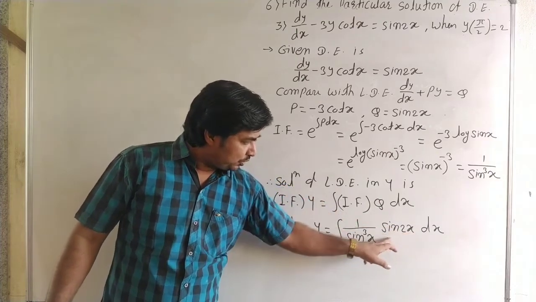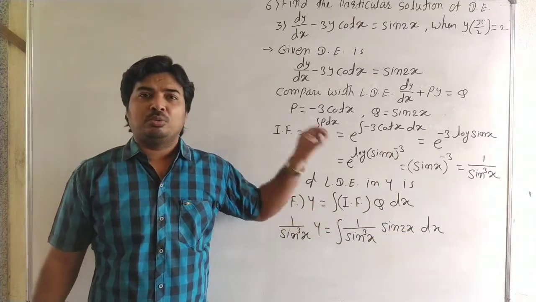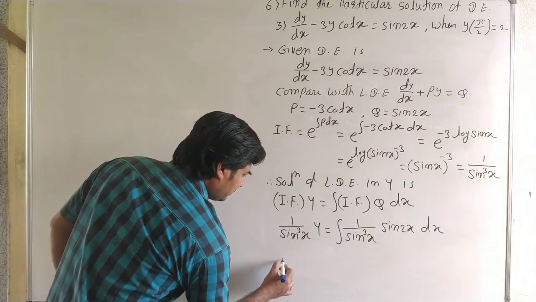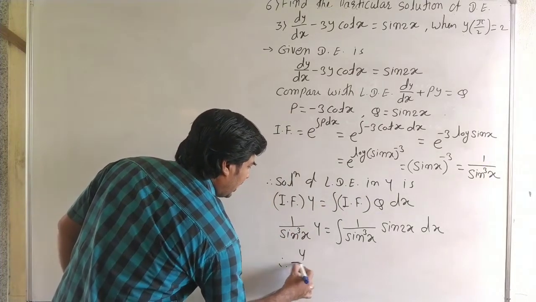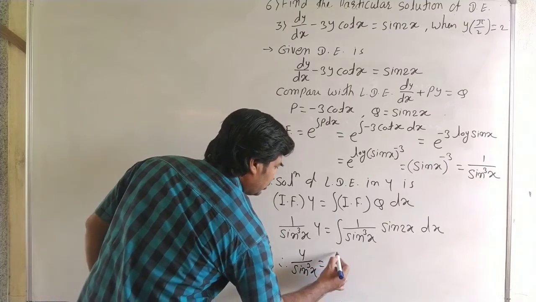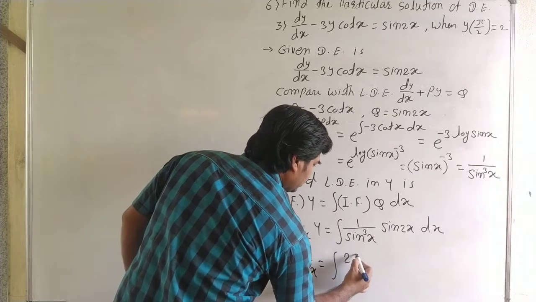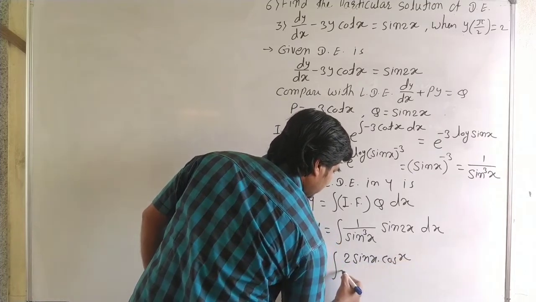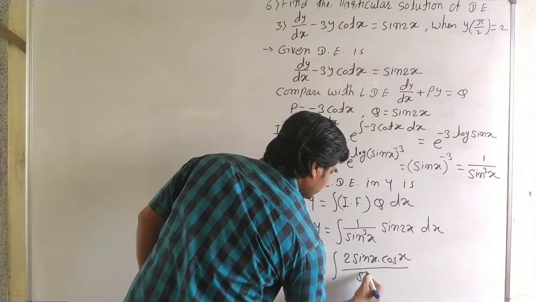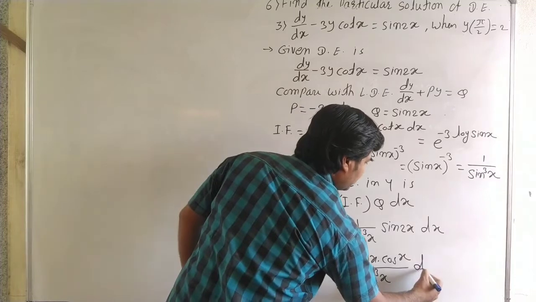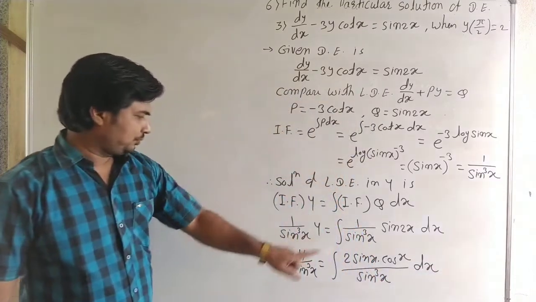So first we use the trigonometric formula for the angle 2x. Okay, sin 2x. Now here it is y upon sin cube x as it is, into integral of 2 sin x into cos x upon sin cube x with respect to x. See carefully this.